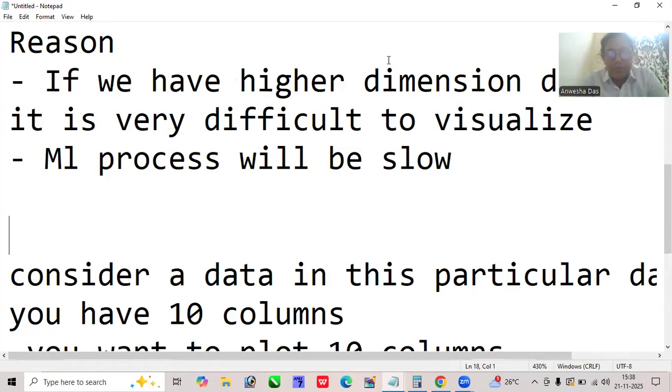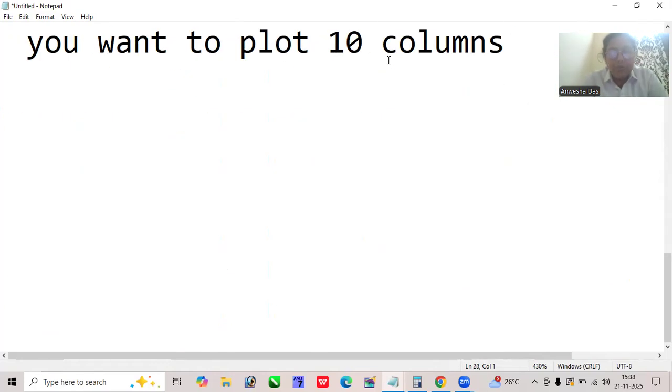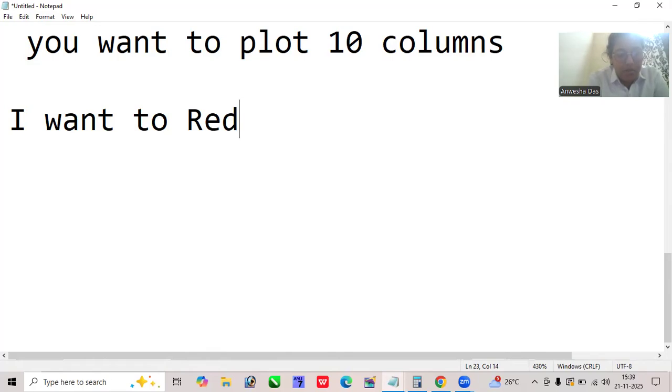So now the PCA, what it will do, I have already told, it will transform the higher dimensional data to the lower dimensional data. So I want to reduce the dimension.